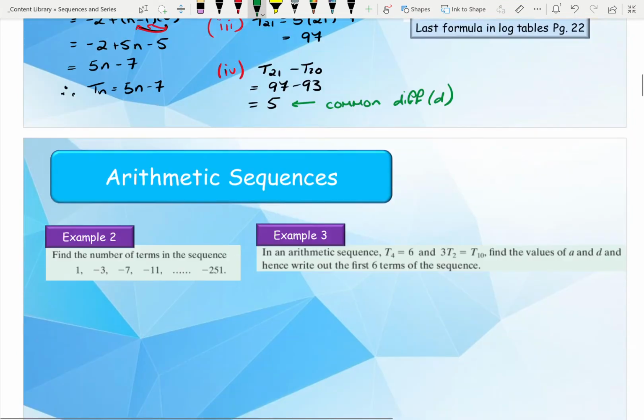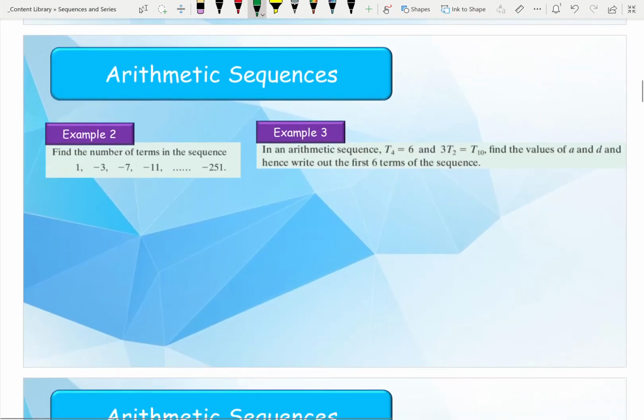In example 2, again it gives me a linear sequence, an arithmetic sequence, and the first thing I always do is find my common difference, which I can see is minus 4, and I can see my first term is 1. So I have a equal to 1 and d, my common difference, equal to minus 4.